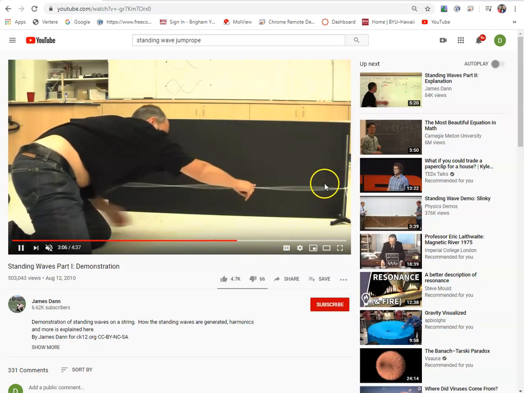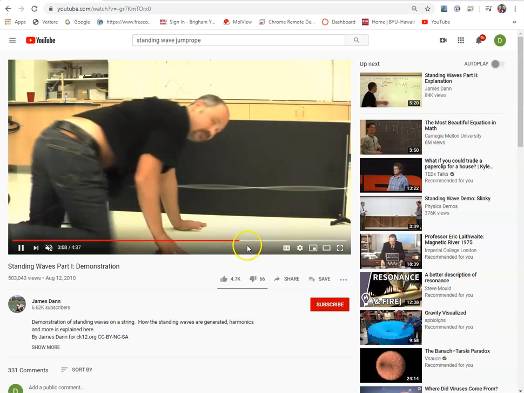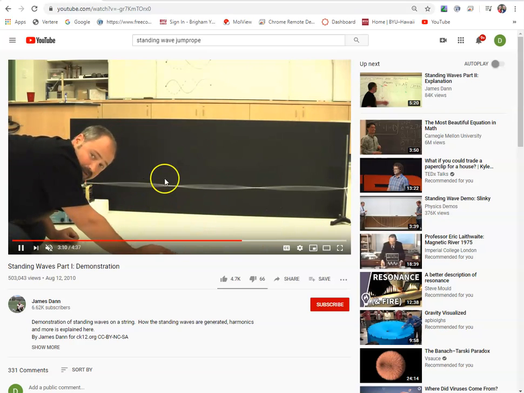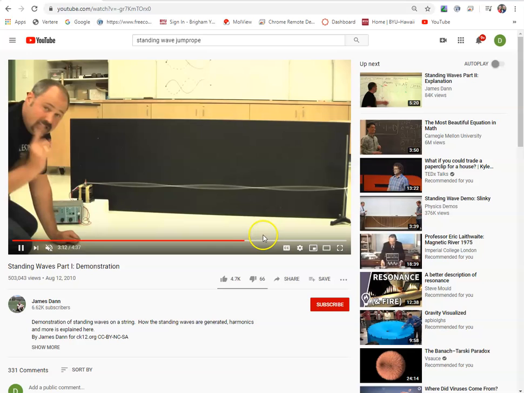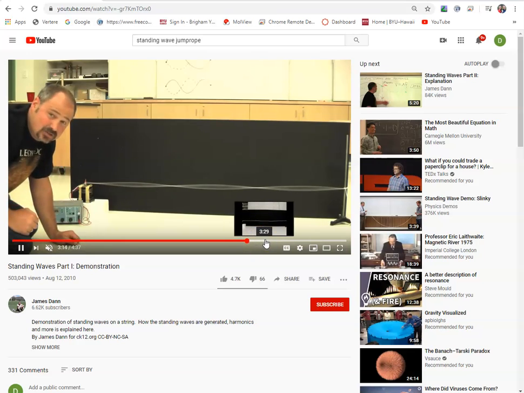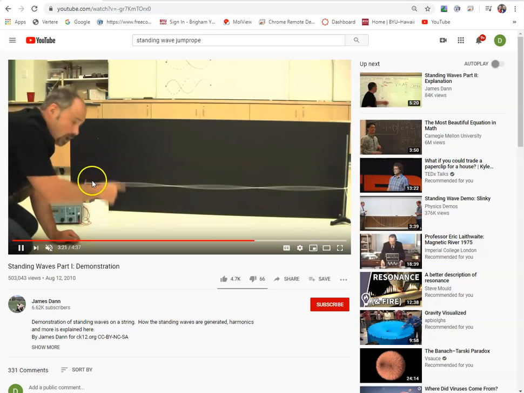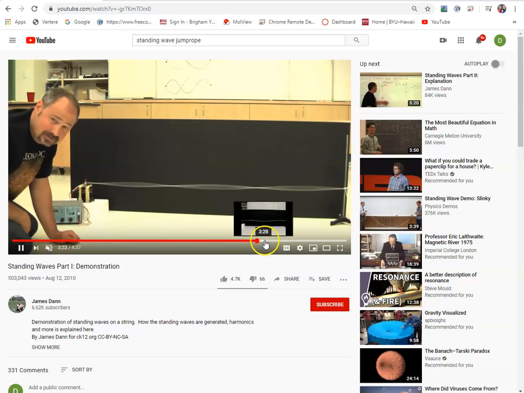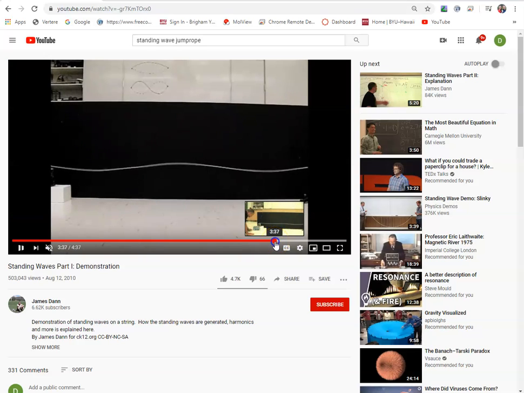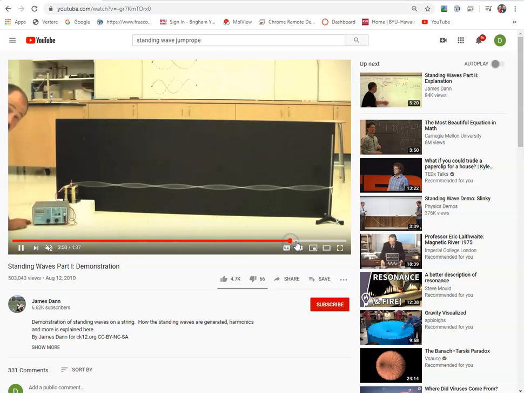regions where there's no movement. But this is the type of wave that we're talking about when we're talking about an electron. We're talking about a standing wave. Now this is maybe a one-dimensional standing wave. An electron is not a one-dimensional electromagnetic wave. Here we have multiple nodes, now with higher and higher energy, right?